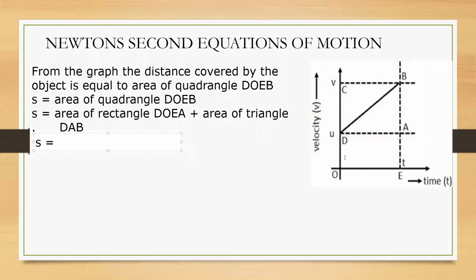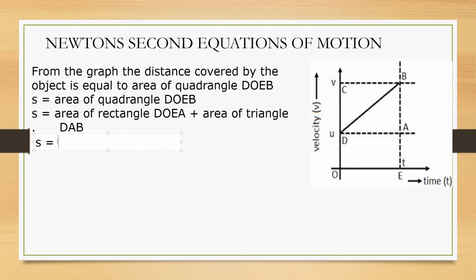The area of the quadrangle can be divided into two geometrical shapes: first, triangle DAB, and second, rectangle DOEA. The distance covered is denoted by the letter S. So instead of the area of the quadrangle, we can write the area of rectangle DOEA plus the area of triangle DAB.